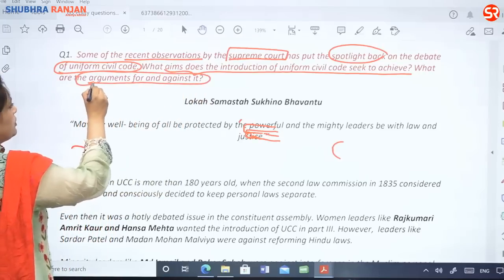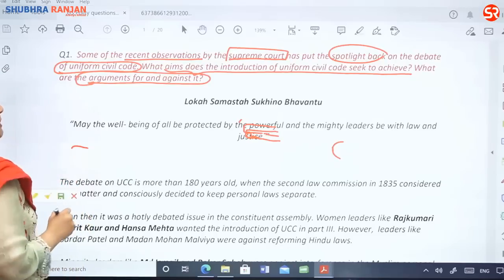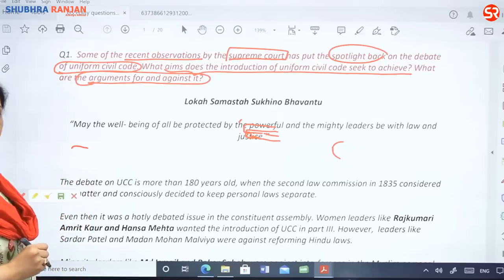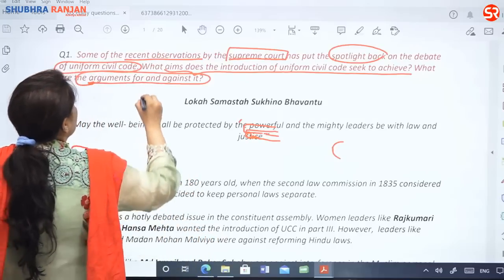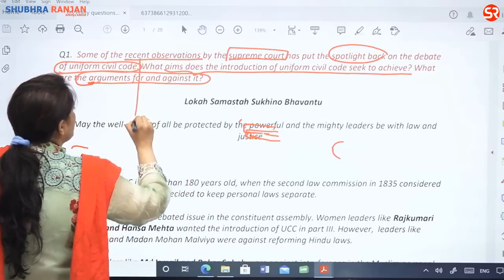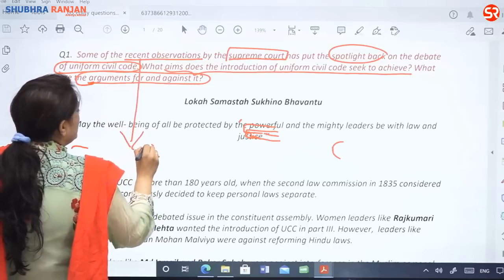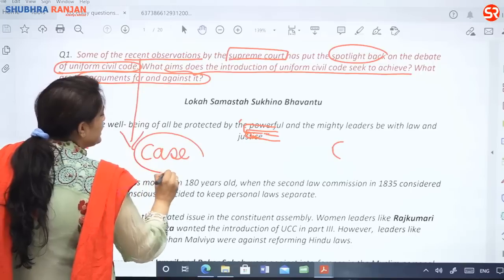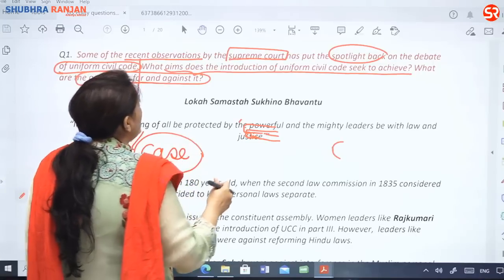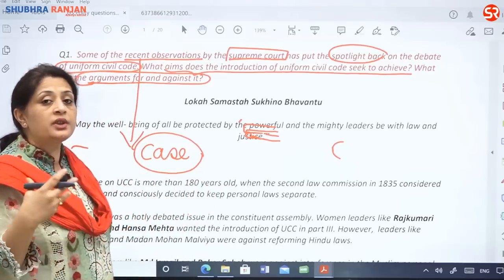Fine. So the basic knowledge that you should have to answer this question is, what are the recent observations? Which is the recent case? The case related to the Goa Uniform Civil Code.